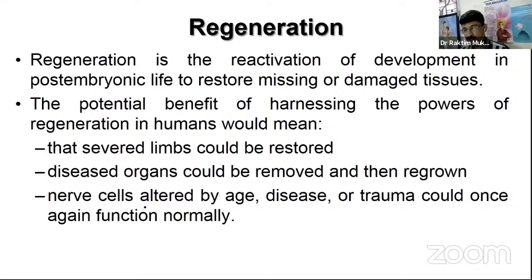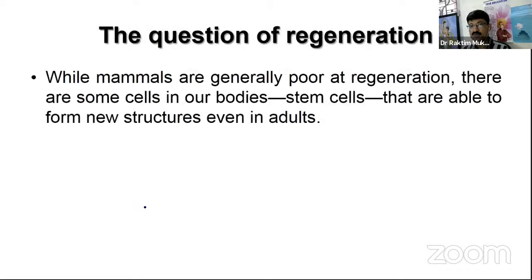Now, when you talk about regeneration, we all know that mammals are poor at regeneration. While mammals are generally poor at regeneration, there are some cells in our bodies, especially the stem cells, that are able to form new structures even in adults. Students, let me tell you, because it's a vast subject, there is something called stemness. I explained this in my immunology talk also, when I was explaining hematopoietic stem cells.